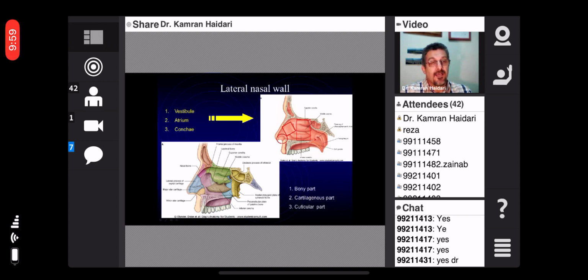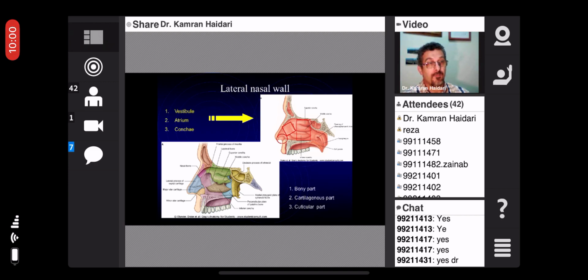The pathogens or infection can enter into the pharyngotympanic tube, and in the lateral part of this tube is the middle ear or tympanic cavity. Therefore, the middle ear or tympanic cavity will be infected, will be inflamed because of infection inside the nasal cavity.